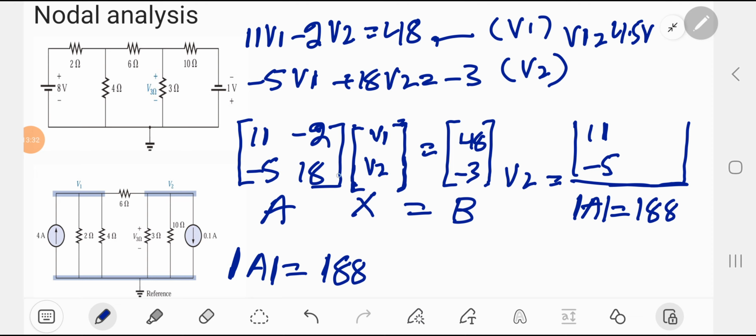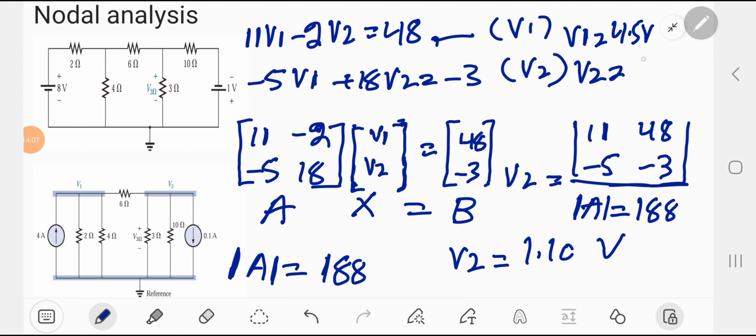For V2 we replace column 2 with the matrix B. So 11 and 5 with 48 and minus 3. So V2 will equal 1.10 volt. So we found that V2 is actually equal to 1.10 volt.